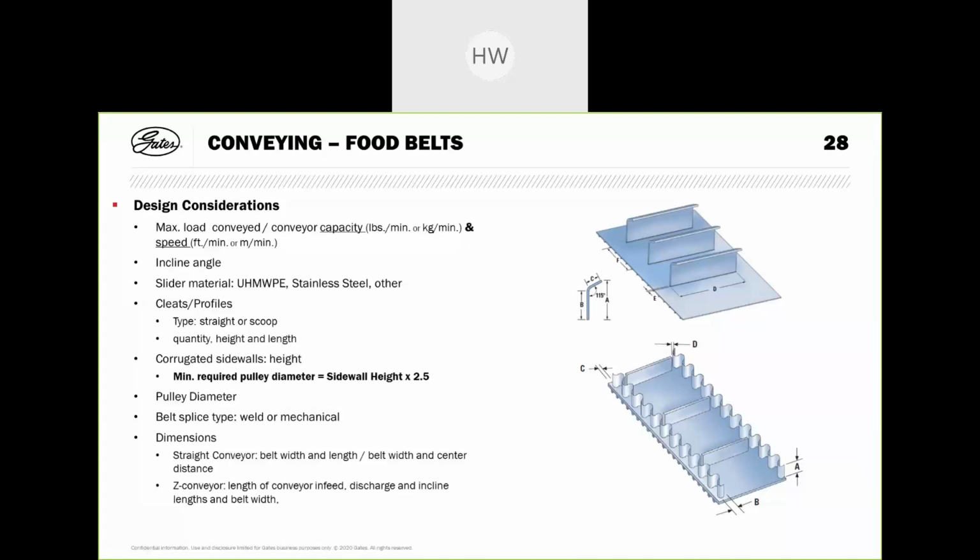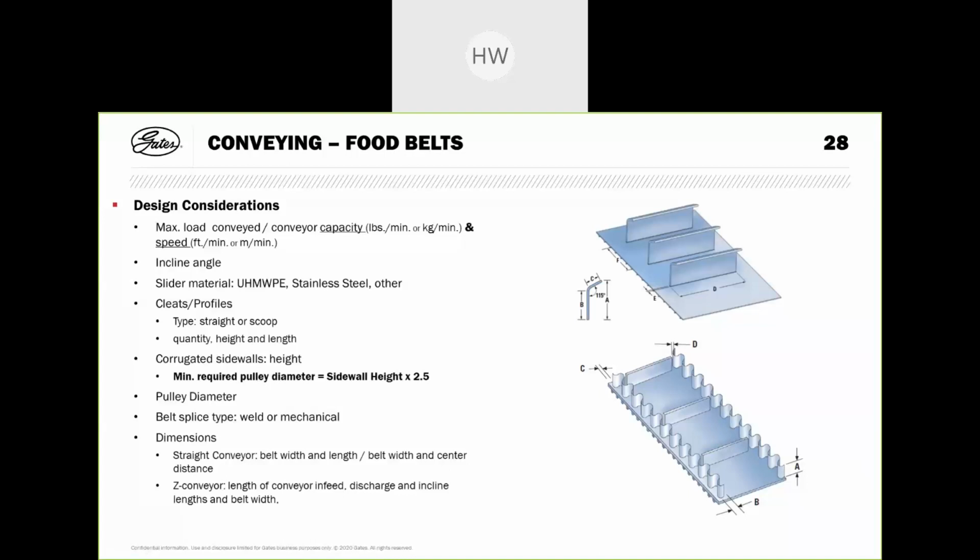The belt splicing in food belting, food conveyor belt, is also important because most of these food conveyor belts are designed such that the belt has to be cleaned on a regular basis, and in a lot of cases, the belt has to be removed from the conveyor, has to be cleaned off-site, and has to be reassembled to the conveyor.